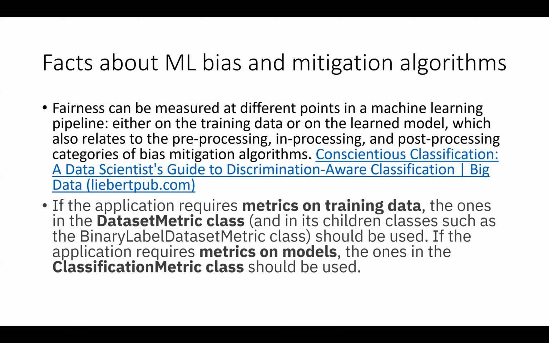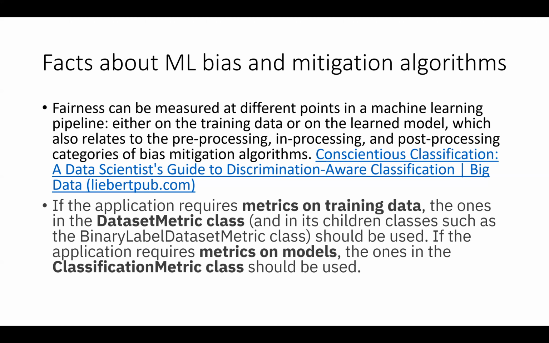For all of these three stages, let's just drop the middle one for now because I don't know much about it. For the data set and the model performance, these are the two main parts we need to focus on. For both, we have metrics to measure bias, and we have algorithms to mitigate it.